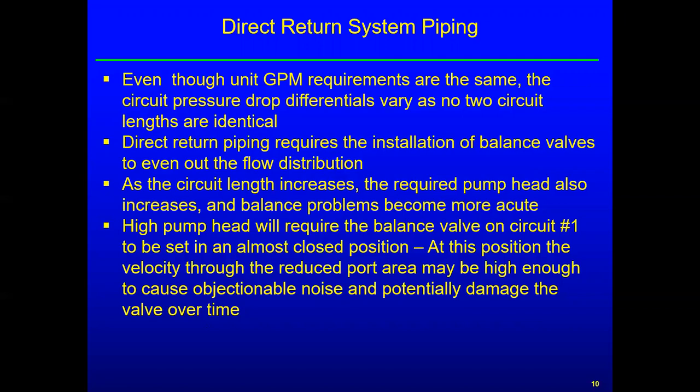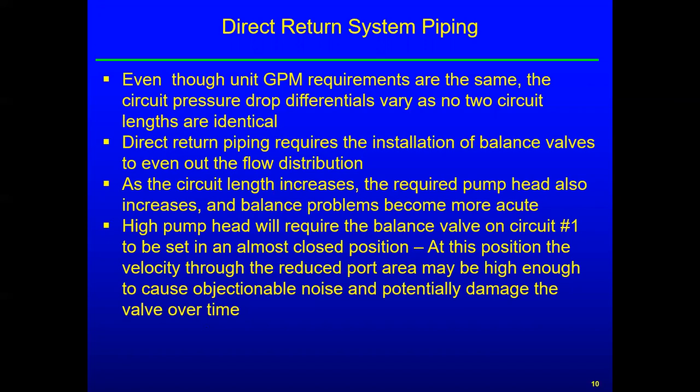But as circuit length increases, another impact would be that the pump head increases, because you've got to have enough head on the system to push the desired flow all the way through number 7. And as you have more and more of these zones, that pressure is going to go up.